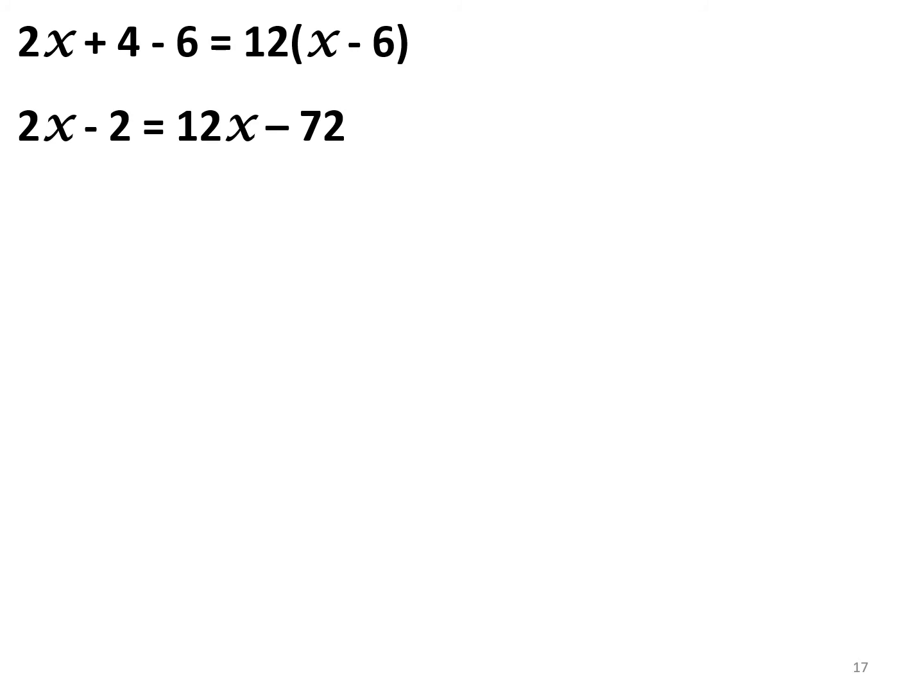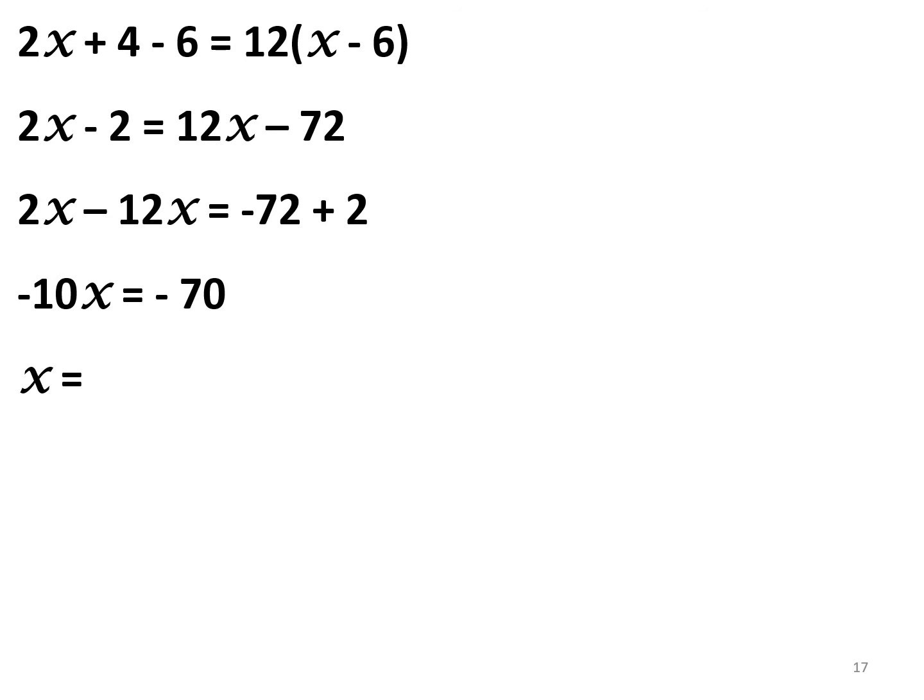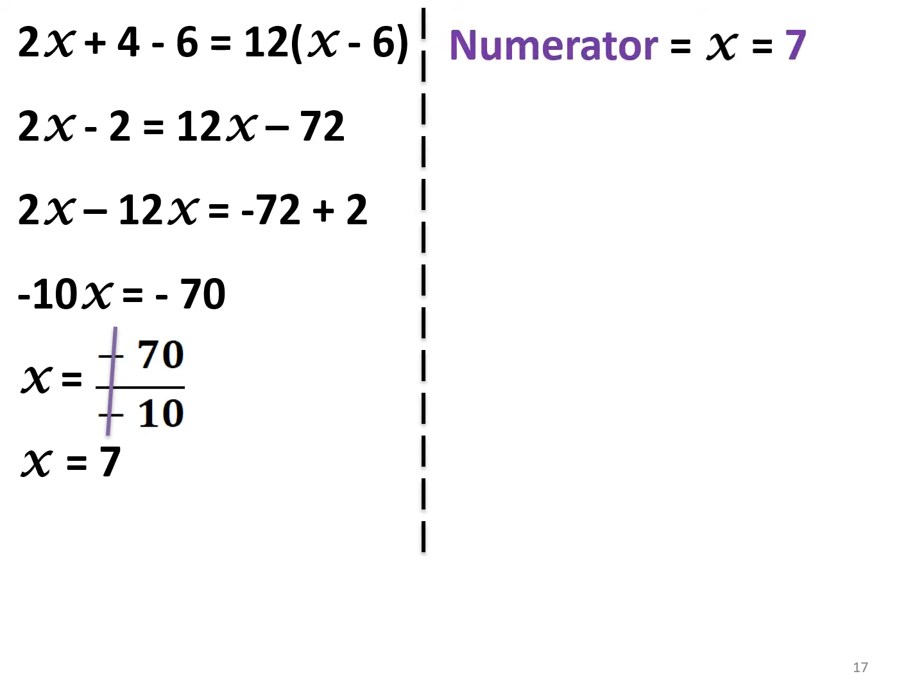Bringing the x term together and the numerical term to one side, 2x minus 12x is equal to minus 72 plus 2. 2 minus 12 is minus 10x. Minus 72 plus 2 is minus 70. x is equal to 70 upon 10, which is equal to 7. So my x is nothing but 7.